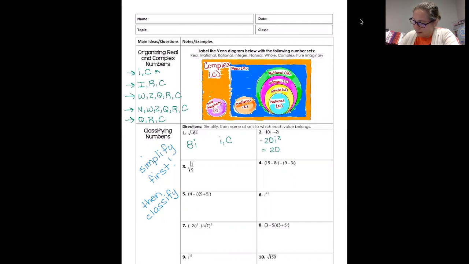Positive 20 is a counting number, so natural, and then we work our way out. Whole, integer, rational, real, complex. Square root of 1/9 is 1/3. 1/3 is a fraction. So we have rational, real, and complex.